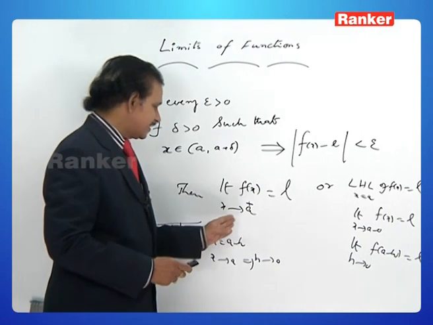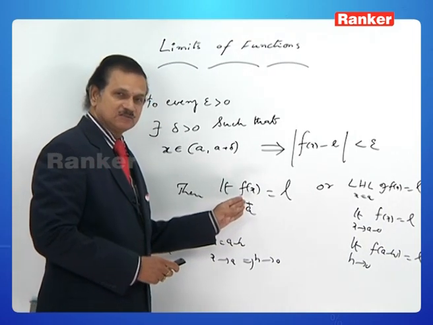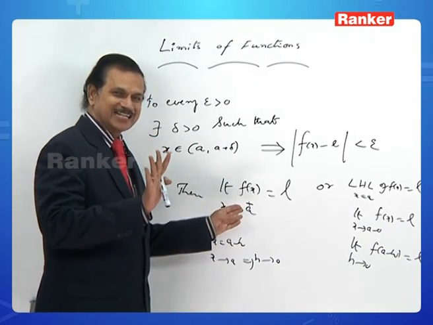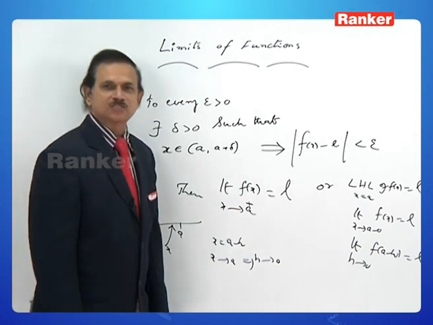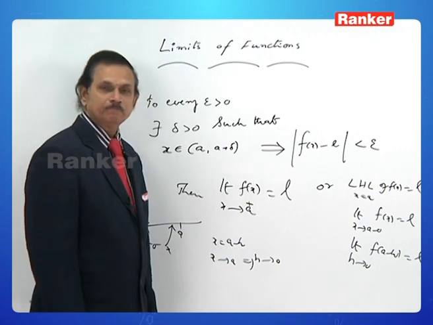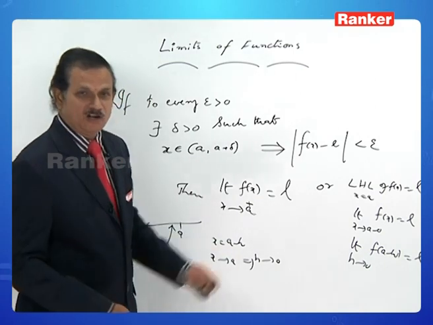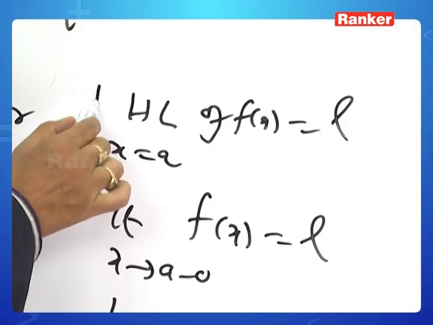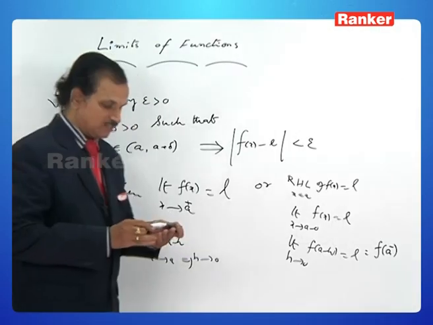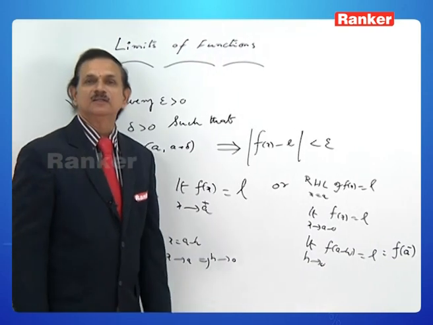Even though we write x tends to a plus, you are not supposed to read it like that. You must read it as x tends to a from right. And it is of course called the right hand limit of f of x. RHL of f of x is L.